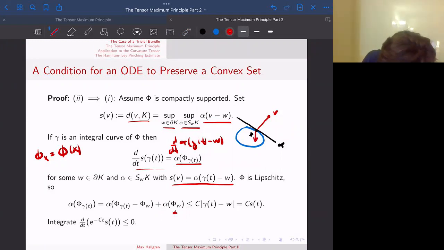So this is less than or equal to 0 by our assumption. And then here we know that phi is a smooth vector field. The norm of alpha is 1, and so this we can roughly bound as some constant times the distance between gamma of t and W. But this distance is the same as the distance from gamma of t to our convex set, by our definition of W.